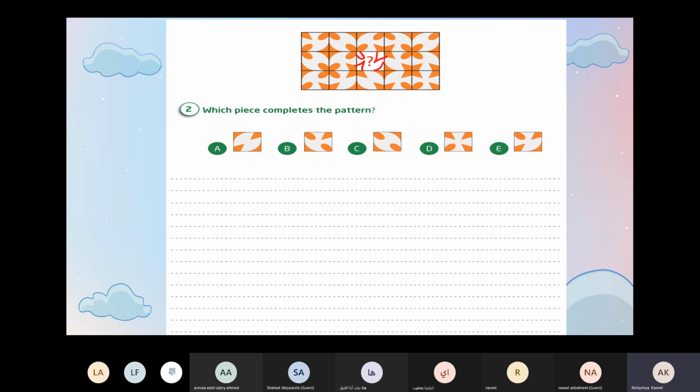Number A, no. Number B, the difference is here and here, so no. Number C, no. And D, no. The only one that looks like what I completed is E. We will choose E.